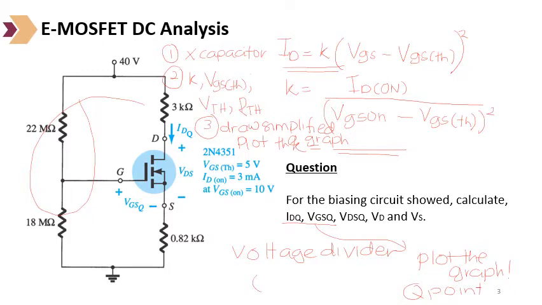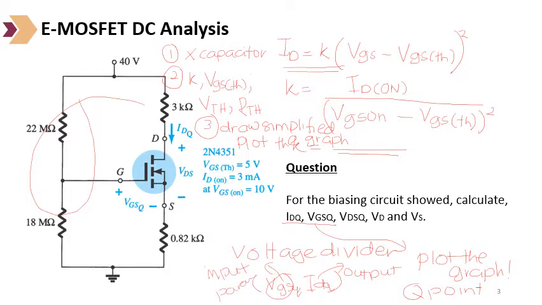The Q point is the VGSQ, IDSQ, in which the IDQ is the output of the circuit and VGSQ, VGS especially, is the input parameter.